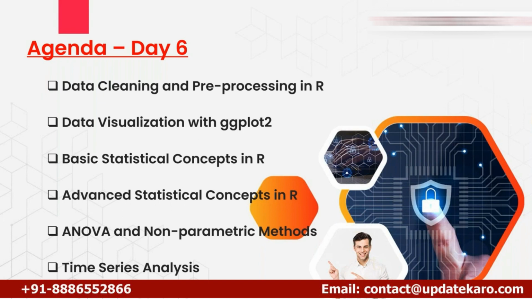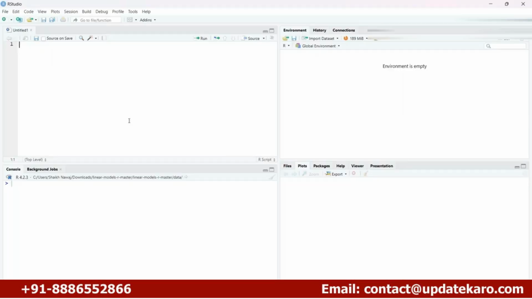As in the previous session, we'll be using the first dataset, which is the company dataset, and we'll be exploring and cleaning that dataset. There are a few steps to go ahead with that dataset.